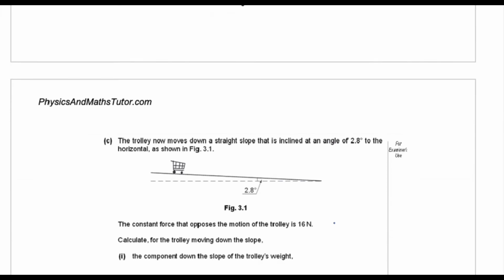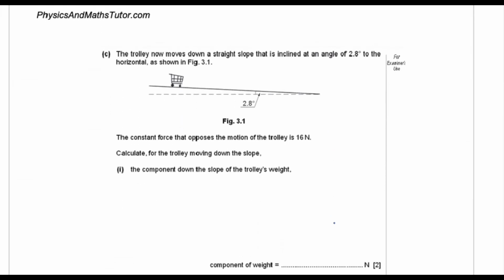Okay, now let's come to C. The trolley now moves down a straight slope that is inclined at an angle of 2.8 degrees to the horizontal, as shown in figure 3.1. So you can see here 2.8 degrees there. The constant force that opposes the motion of the trolley is 16 Newton.